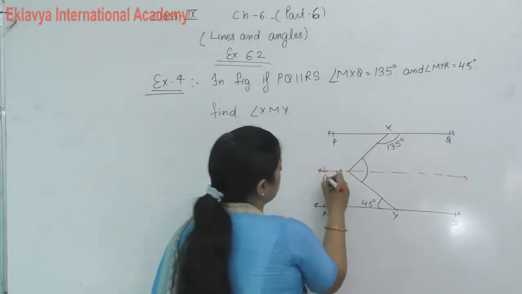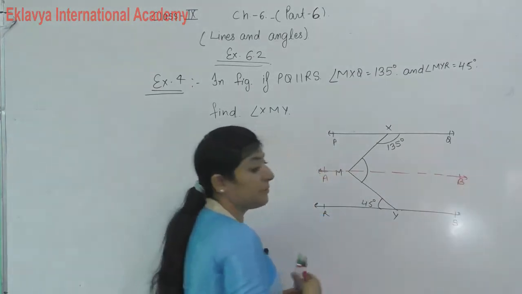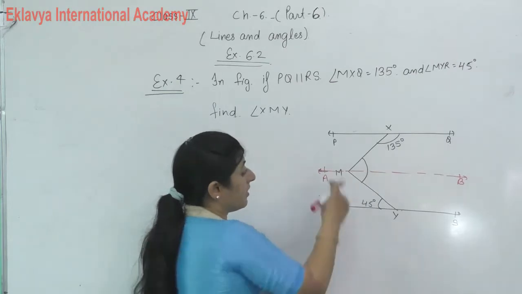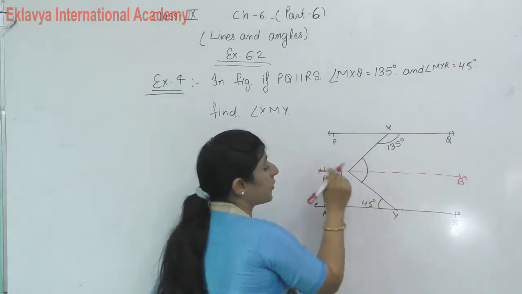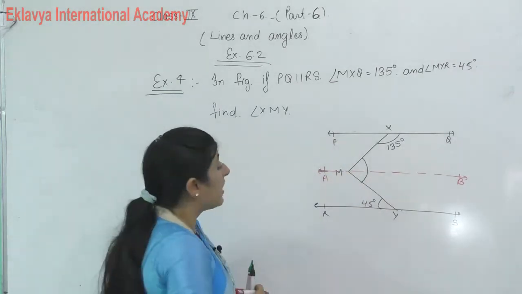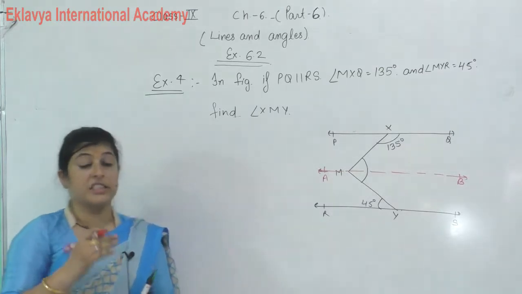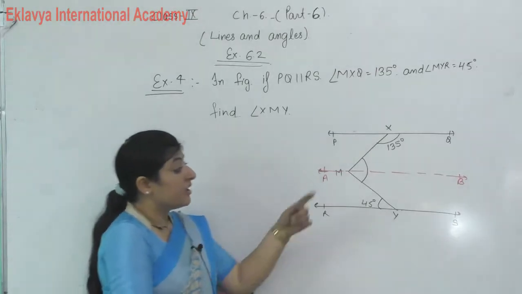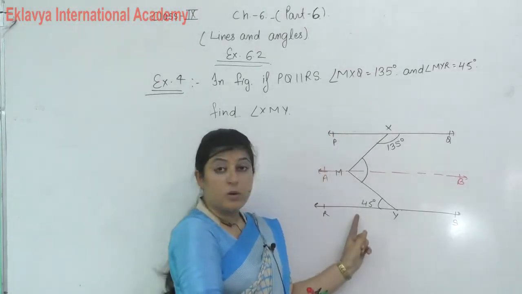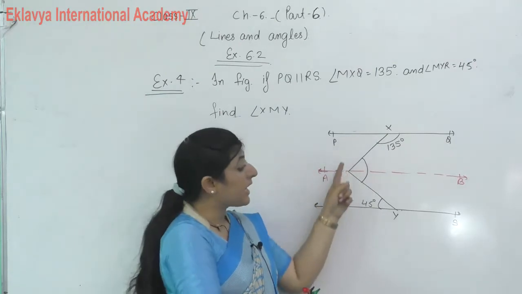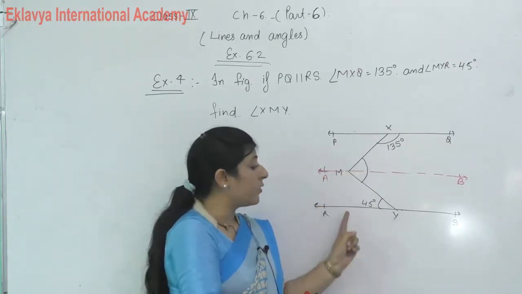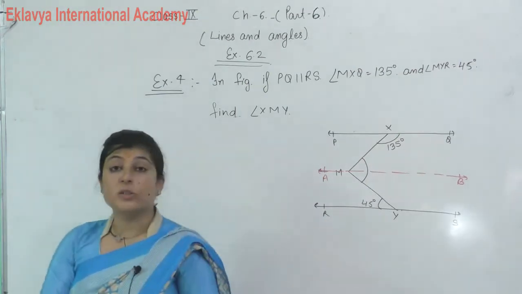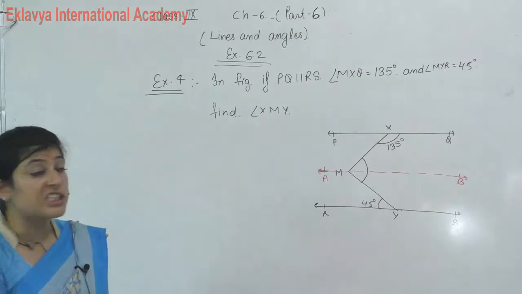You can take suppose AB, AB parallel to PQ, drawn passing through point M. And we already saw the theorem 6.6, I think, that if PQ is parallel to RS and PQ is parallel to AB, it means AB is also parallel to RS. That is, if two lines are parallel to the same line, then they are parallel to each other also.